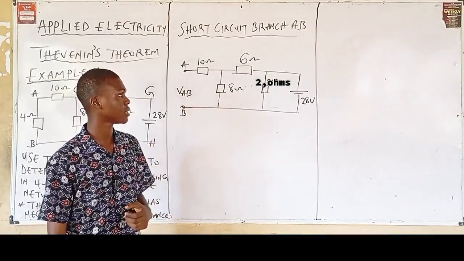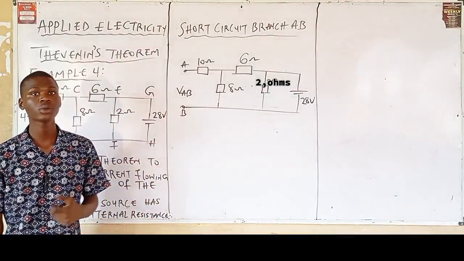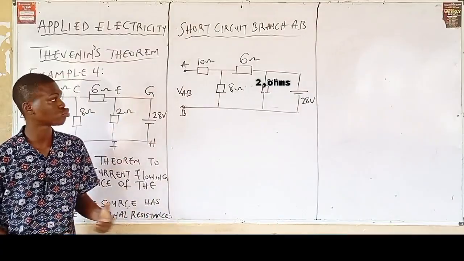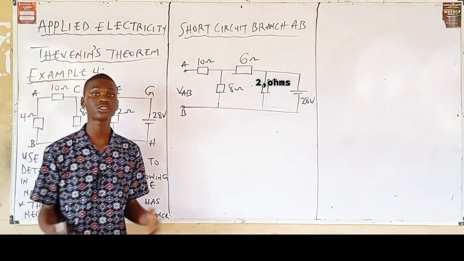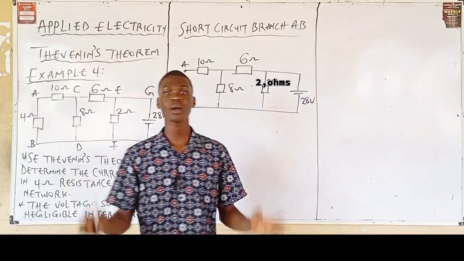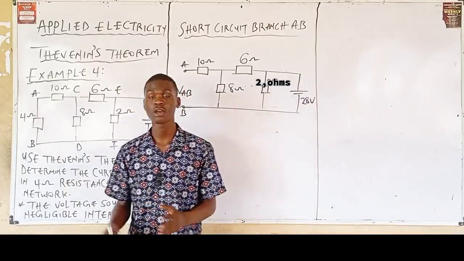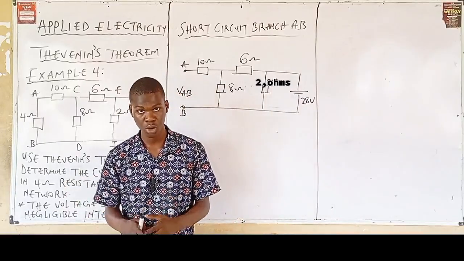Now, the task here is that recall when we did Thevenin's theorem for two loops, we said in a parallel circuit, voltage must be equal.